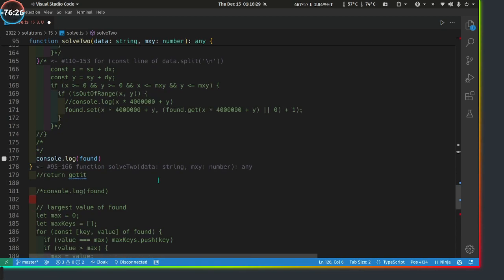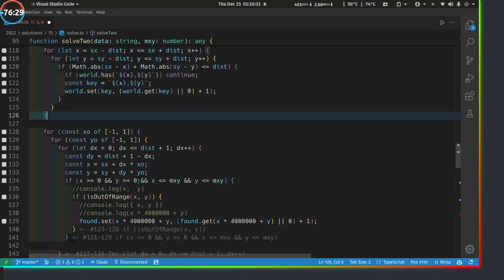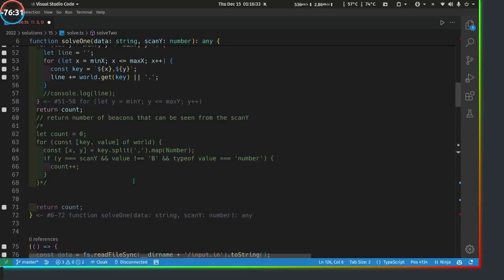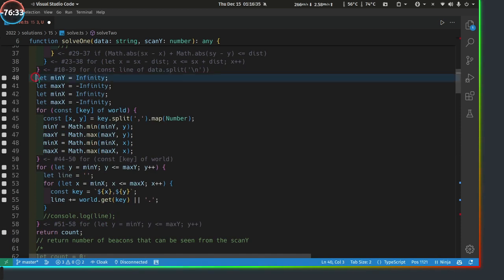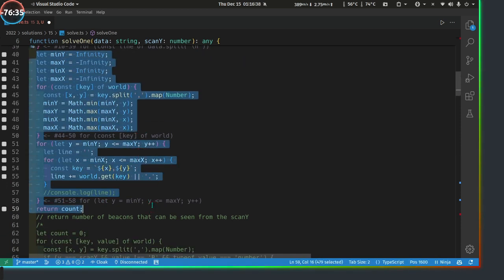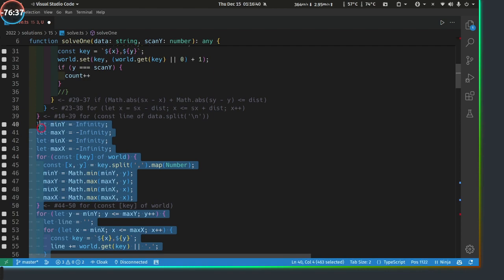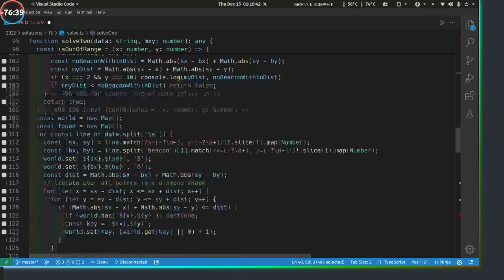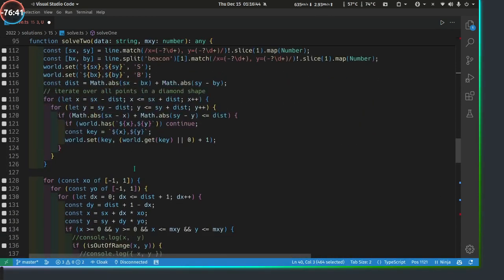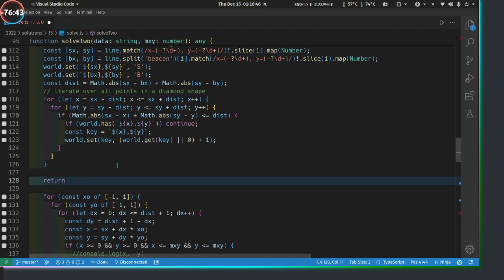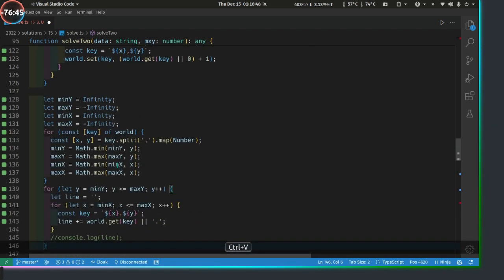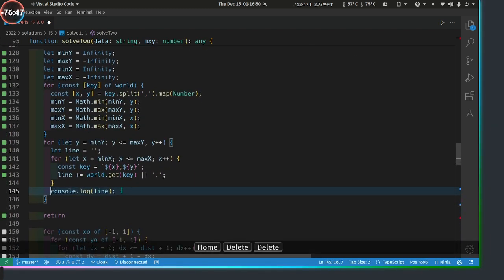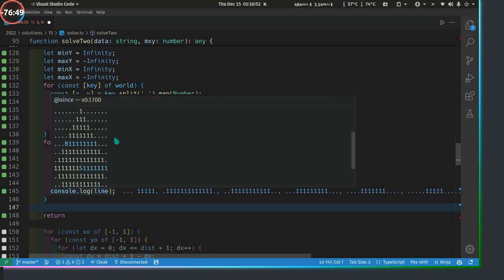Where's my visualizing code? Yes, my visualizing code. Let's do one that I'll break, or I'll return. Alright, so yeah, right.